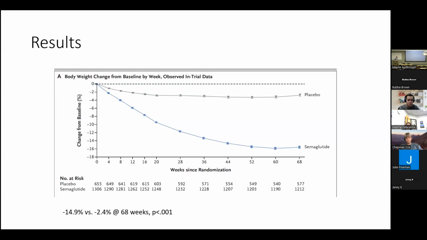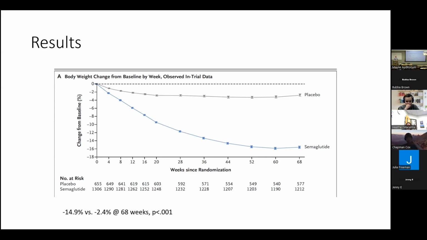What the results showed: on the top screen here is the placebo, and down here, semaglutide. What we're looking at is what changed from their baseline in percent of body mass lost. So what percent of your total body weight did you lose? And this over here is weeks. They studied it for over a year, up to 68 weeks. What you can see is that the people that stayed on semaglutide and completed the study lost about 14.9% of their body weight.